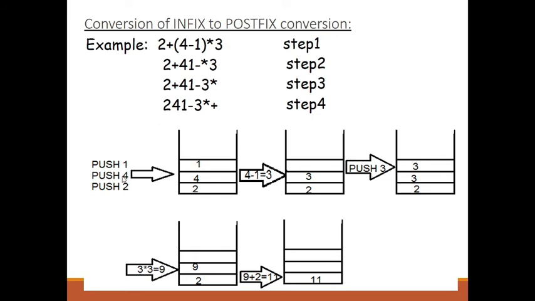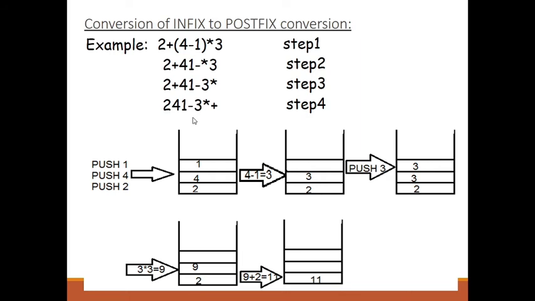So when we evaluate it, the first step was push 2, push 4, and 1. So that's the first numbers of our postfix conversion. Right after 1 is an operator, which is a subtraction, in which we'll be subtracting the last 2 contents of the stack, which are 4 and 1. 4 minus 1 is equivalent to 3, and we push it again to our stack, so the current content of the stack will be 3 and 2.